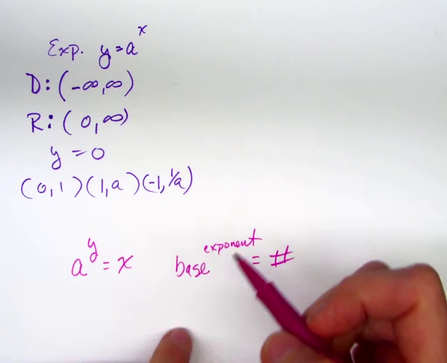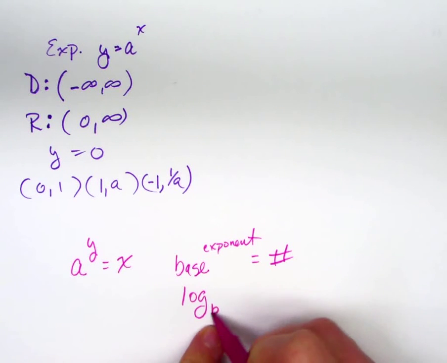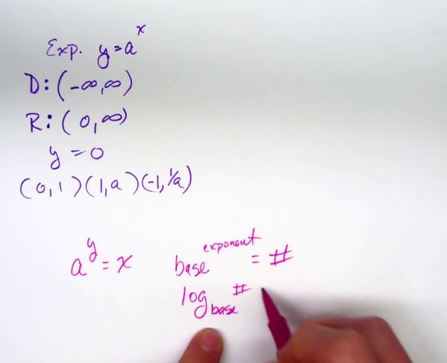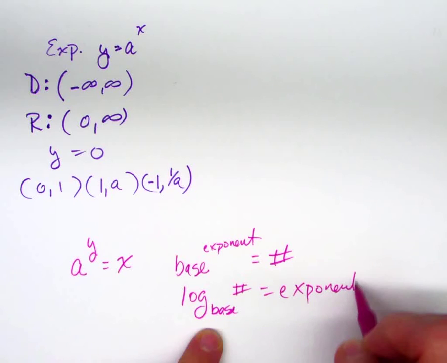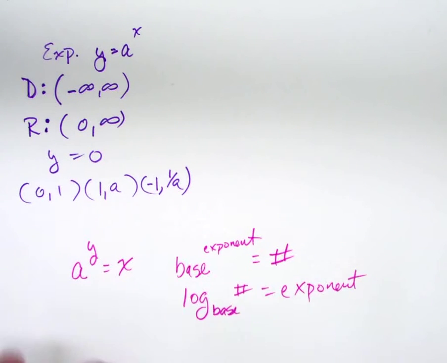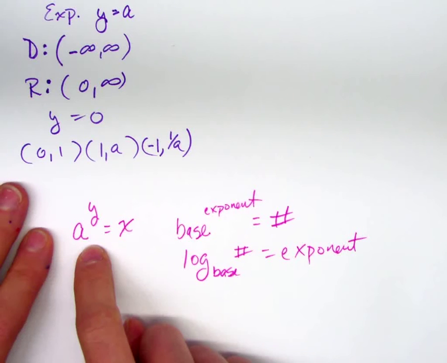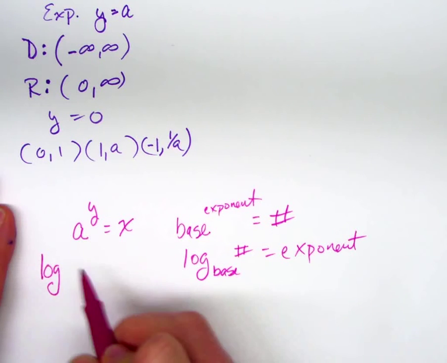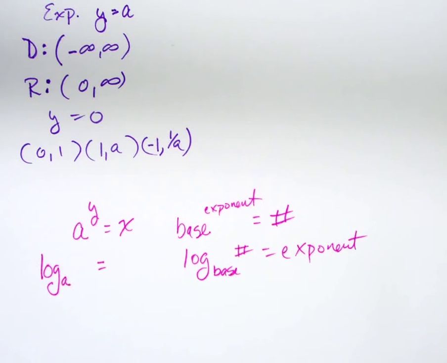Okay, we're going to get into log notation, and it turns out that it's always log base of some number, and logs equal the exponent. This is what I know. So when I look at this, I say to myself, what is the base? The base is a. And what I know for logs is that it's log base a, and I know that logs equal exponents.